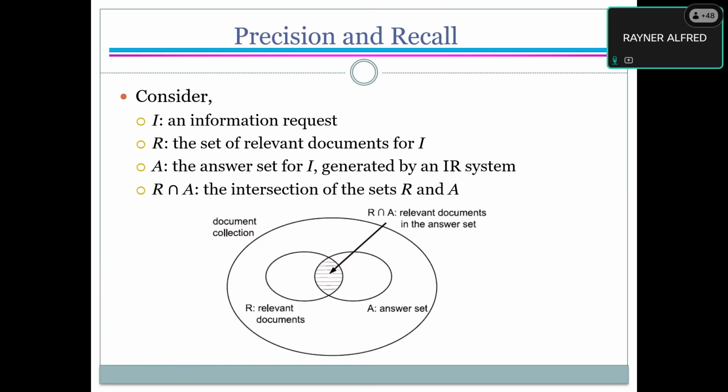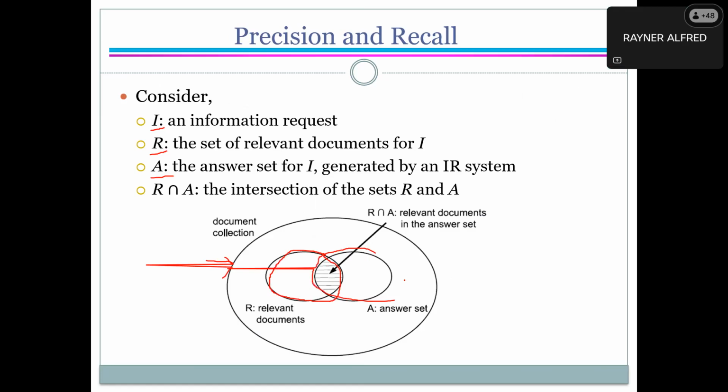Okay, consider the information request is I, just now, and we have a set of relevant documents for that particular I, and this is R, and A is given to you. Meaning that we have the bigger circle here corresponding to all of the documents, and only a small part of the documents is relevant with respect to I. Okay, but what is given to you is this one.